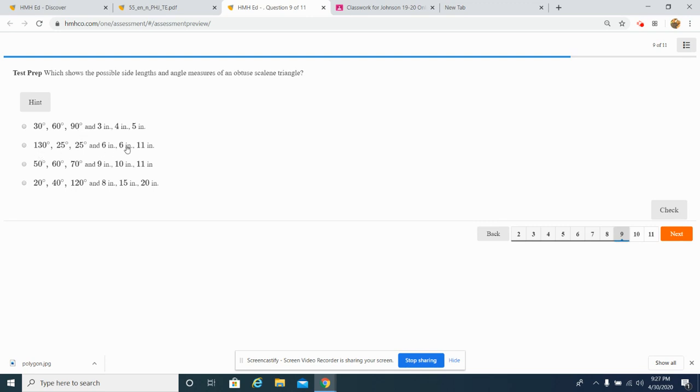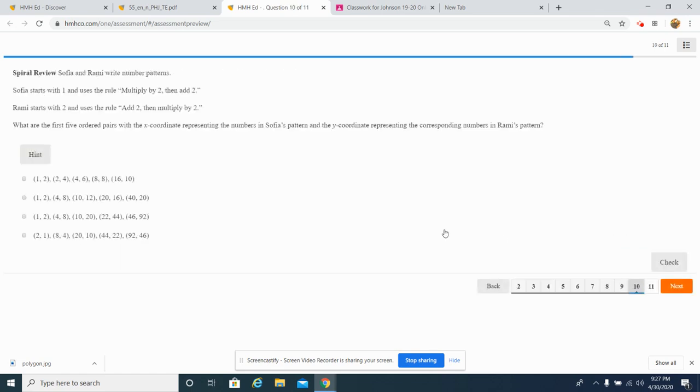This one is isosceles. This one doesn't have any angle above 90 degrees, so can it be obtuse? No, it has to have an angle larger than 90. So right there's our angle, three different sides. There's our answer.